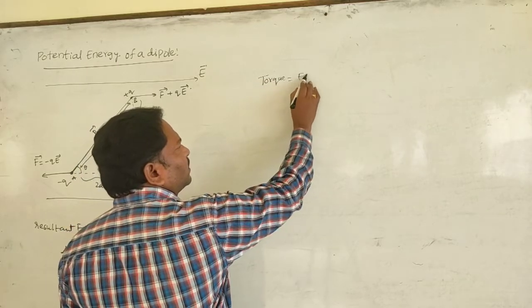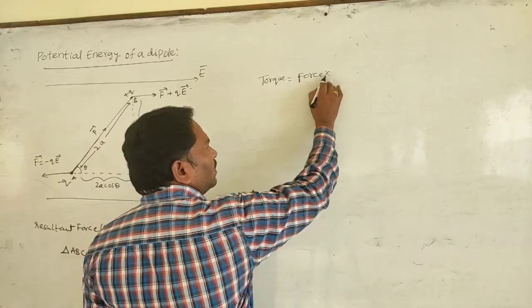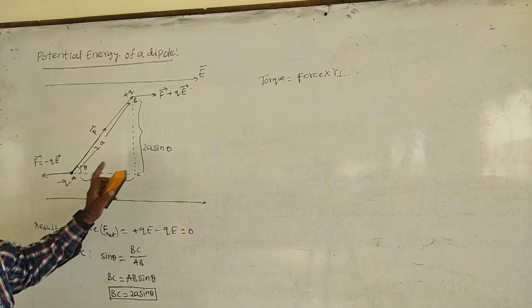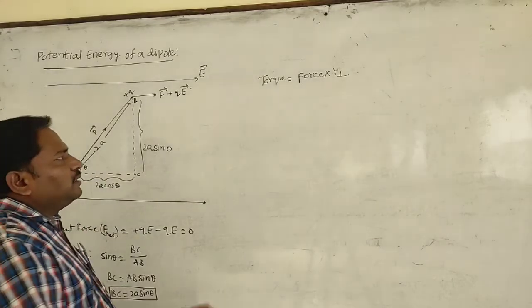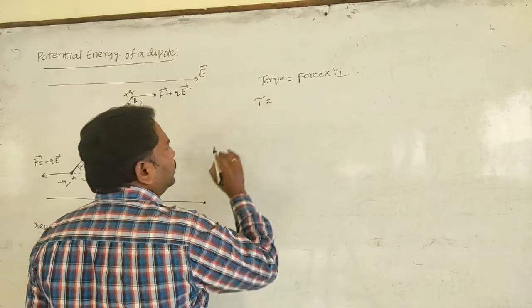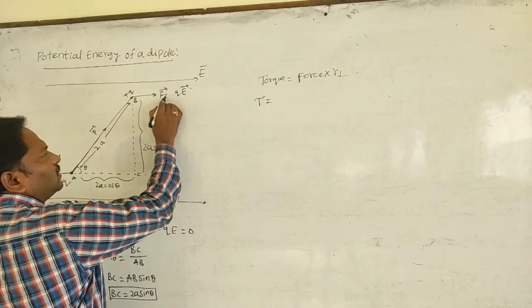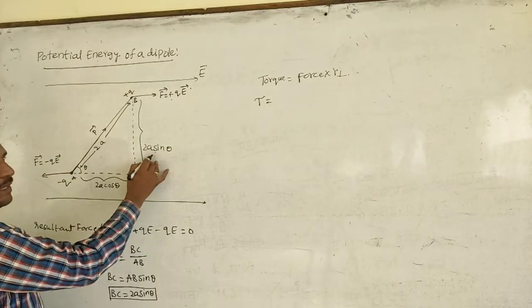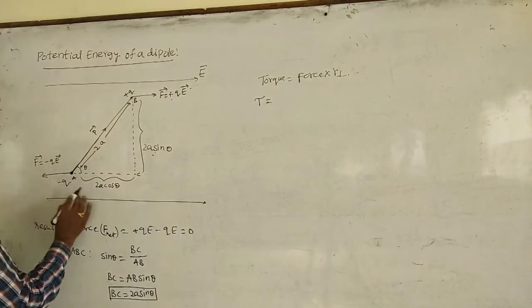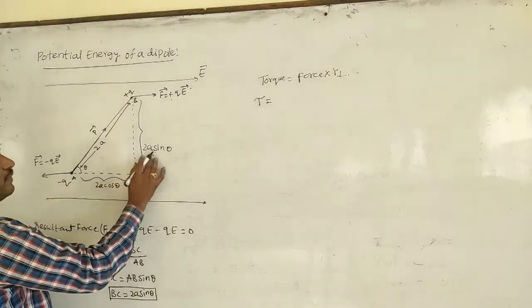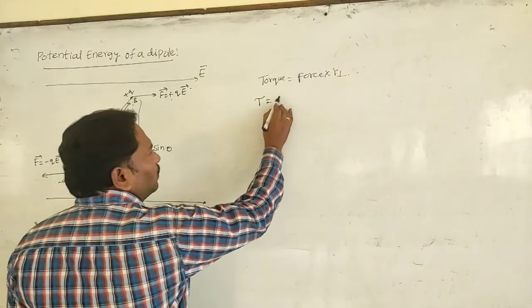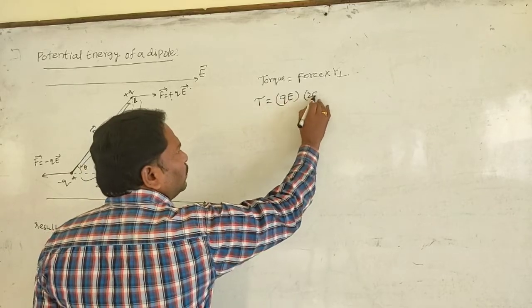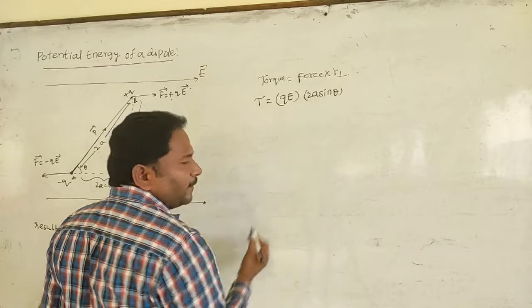Now we are going to calculate the torque. Torque equals force into perpendicular distance, the force on either of the charges into the perpendicular distance. Torque tau is equal to, suppose this is the force, then for it this becomes the perpendicular distance. The force is QE, the perpendicular distance is 2a sin theta.